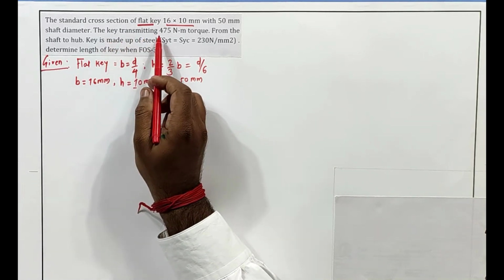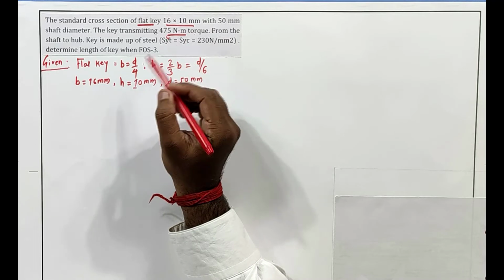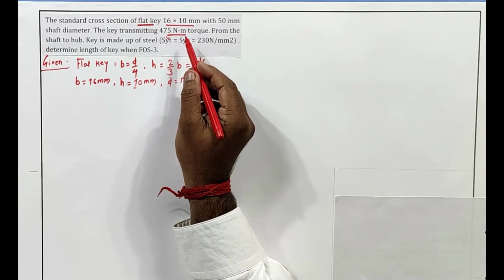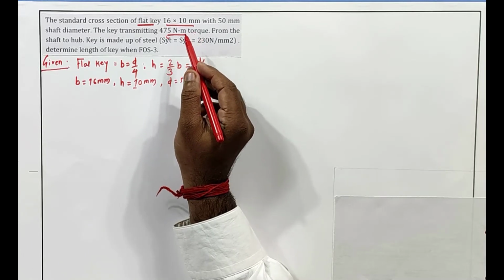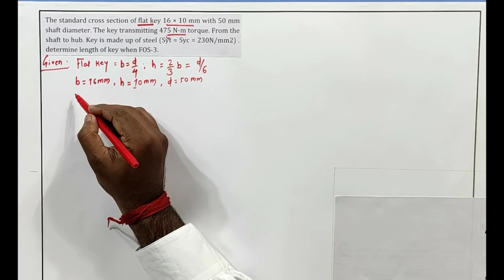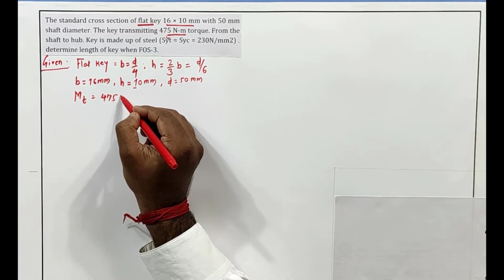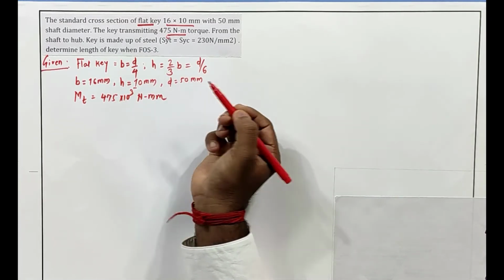The key is transmitting 475 Newton meter torque, so we'll have to convert it into Newton mm, correct. So I'll write MT is equal to 475 into 10 raised to 3 Newton mm.